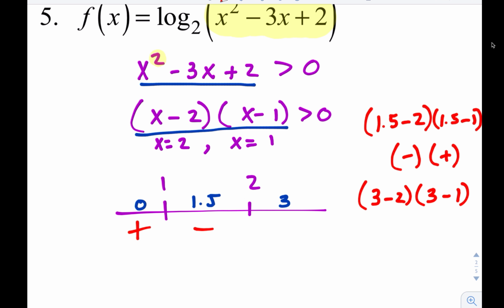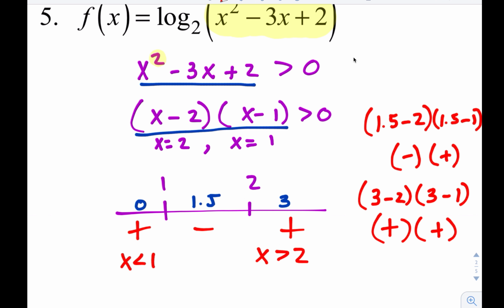So 3 minus 2 is positive, and 3 minus 1 is also positive. So positive times a positive is positive. So anything less than 1 and anything greater than 2 are going to give me positive answers into x squared minus 3x plus 2, right?